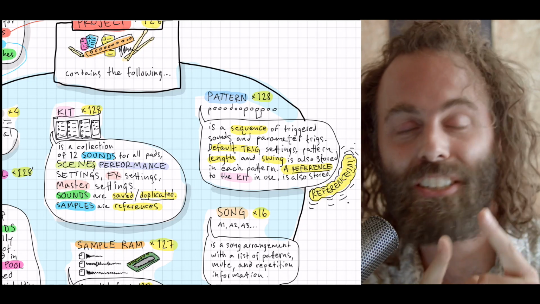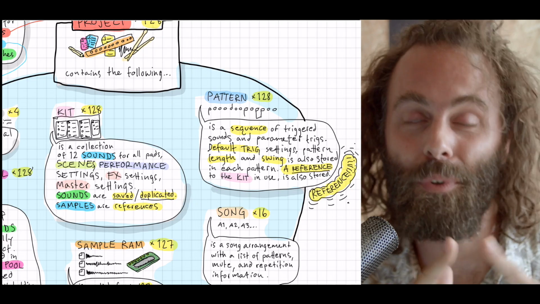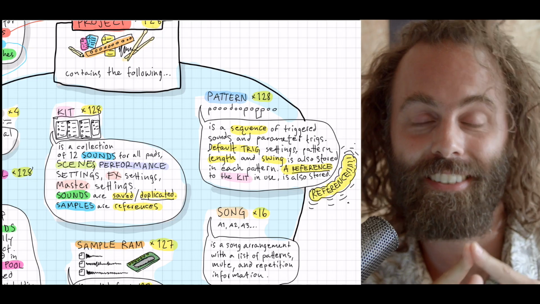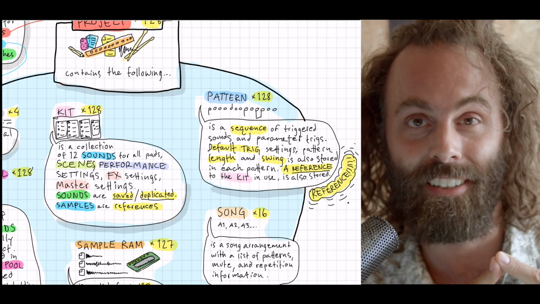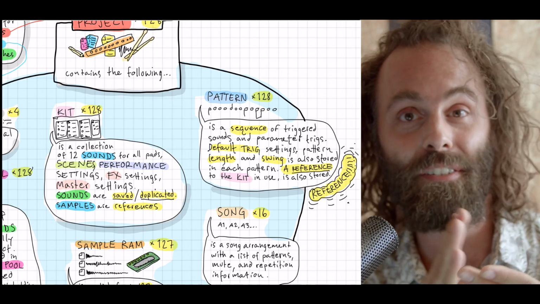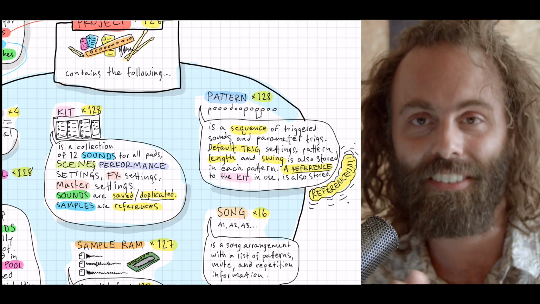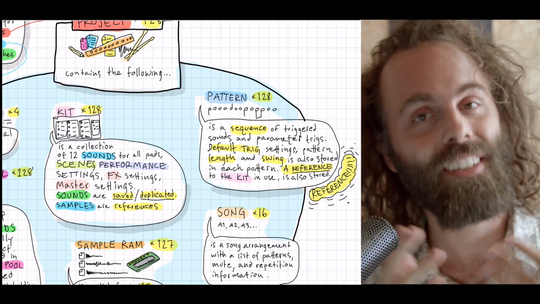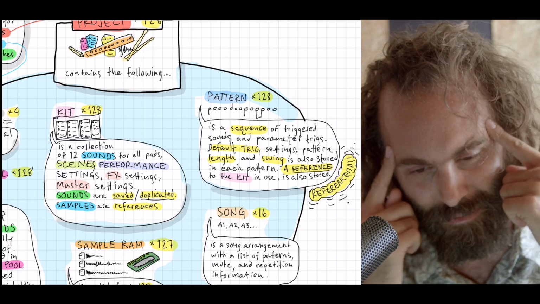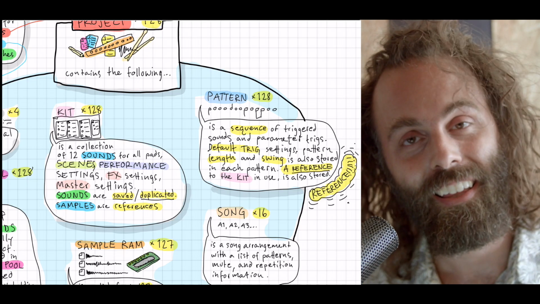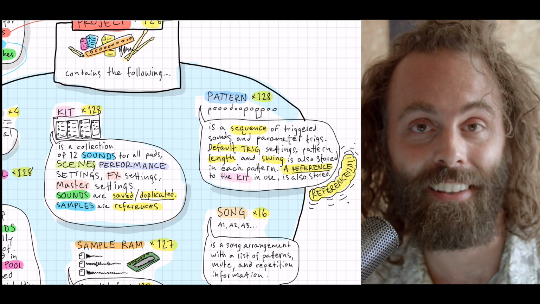So pay attention to the kits. What kit are you using? Is this used in another pattern? If it's a series of patterns that are using one same kit, that's fine. Just keep it in the most important place of your brain and pay attention to that.